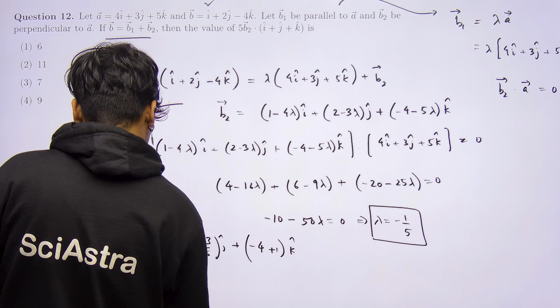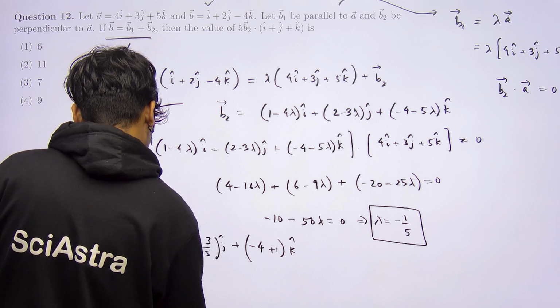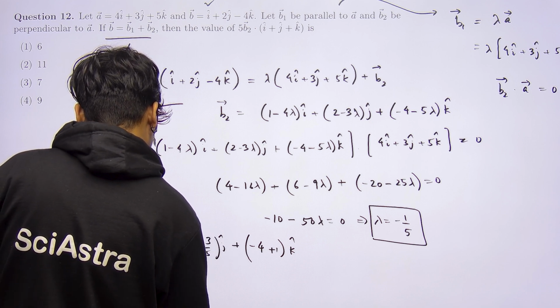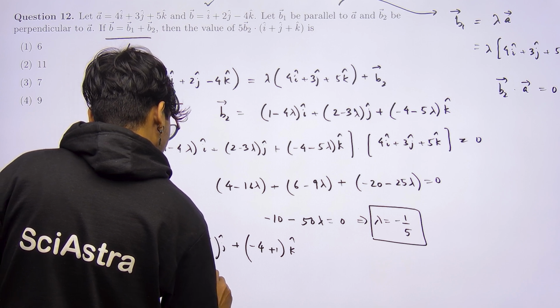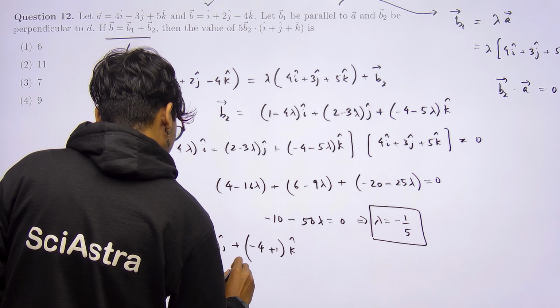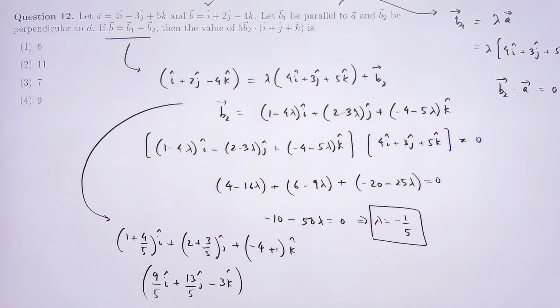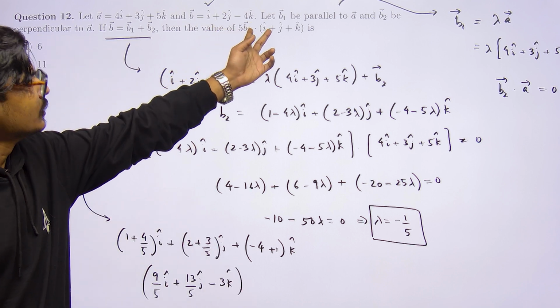So that is basically 9 by 5 i cap plus 13 by 5 j cap minus 3 k cap, right? Now you're looking for 5b2 dot product with this, right?